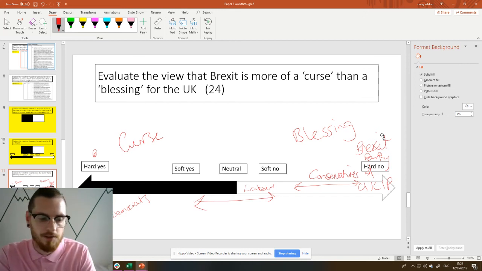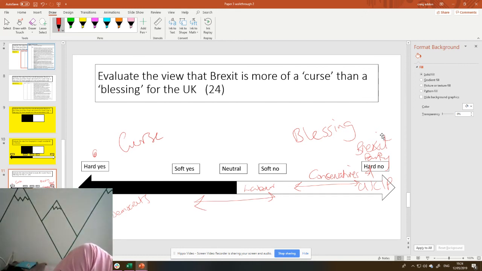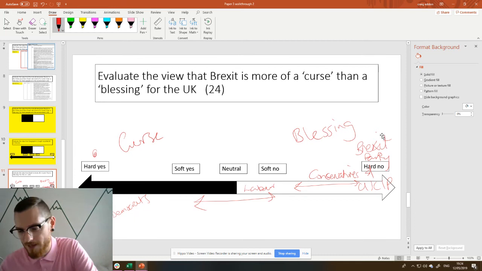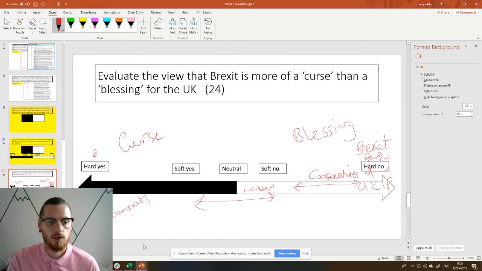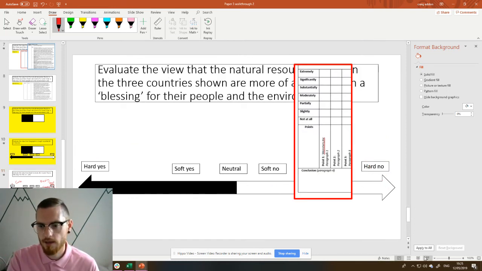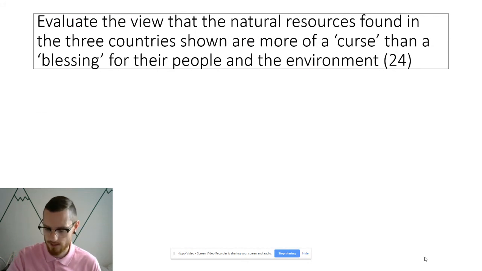Let's connect this back to geography then. Oh, there is geography in that, obviously, but let's connect it a little bit back to that exam question. So lastly, if I'm looking at this question again, so evaluate the view that the natural resource found in the three countries shown are more of a curse than a blessing for the people and the environment. It's not black and white.